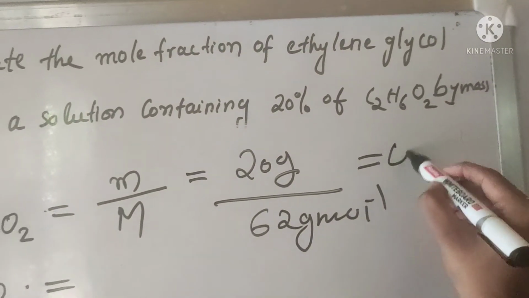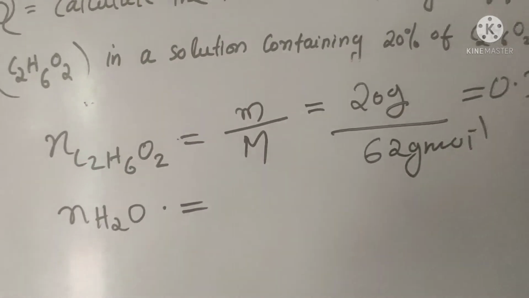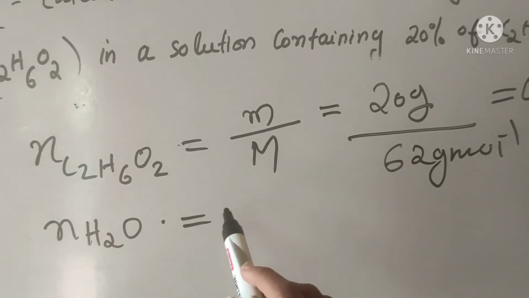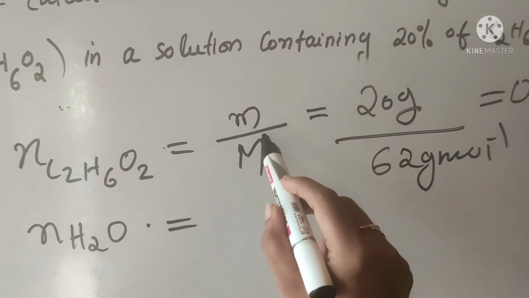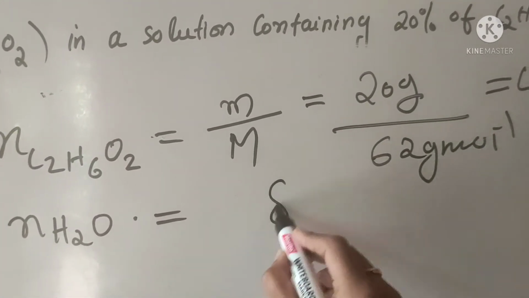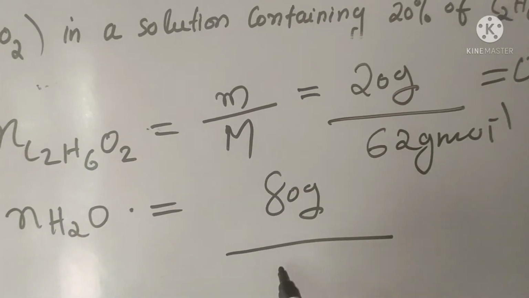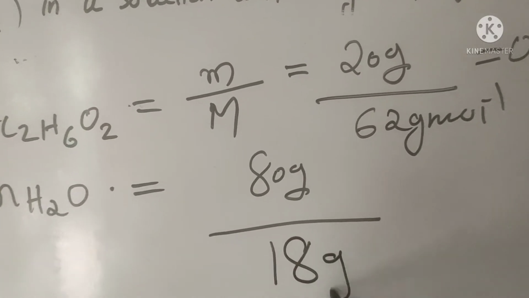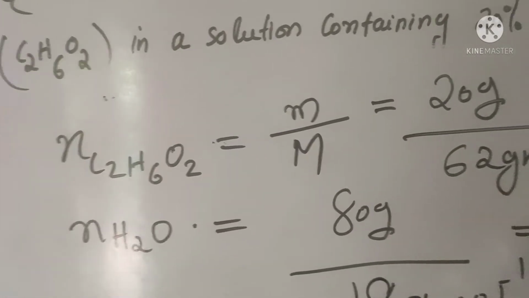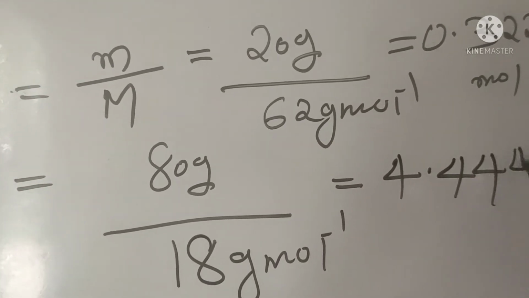That is equal to 0.322 mole. And nH2O is also calculated using this equation, mass divided by molar mass. Mass of water is 80 gram divided by the molar mass of water, 18 gram per mole. The answer is 4.44 mole.